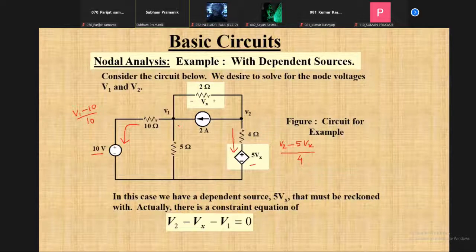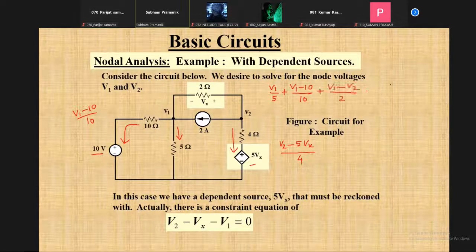So now it's obvious: V1 divided by 5, V1 minus 10 divided by 10, V1 minus V2 divided by 2. These are the currents leaving, and the 2 ampere current is entering. So accordingly, you can write the equation. V1 by 5 plus V1 minus 10 by 10 plus V1 minus V2 by 2 is equal to 2 ampere.